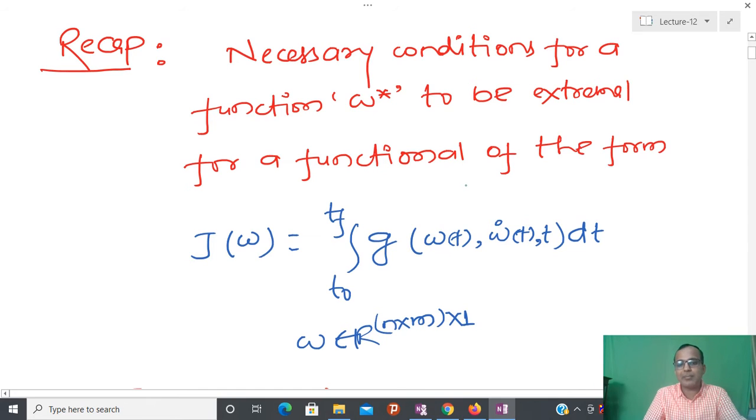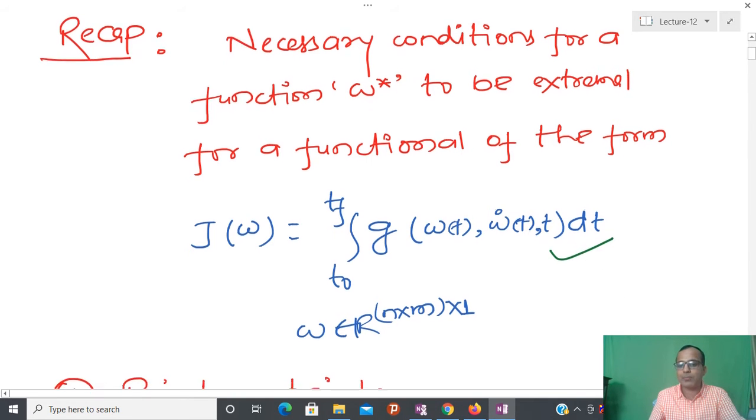I can interpret it as a column vector with n plus m entries of functions omega 1, omega 2 up to omega n plus m. Now I have to find the necessary condition for a function omega star to be extremal for a functional of this particular form.